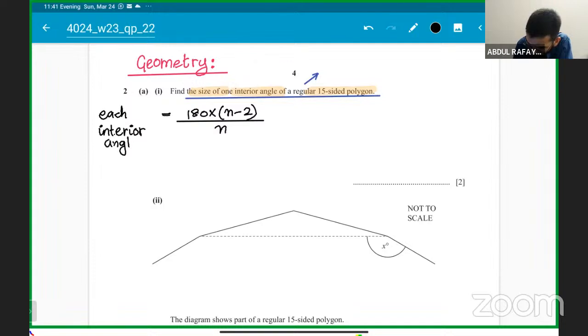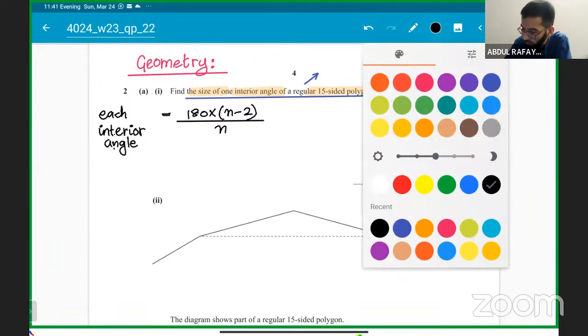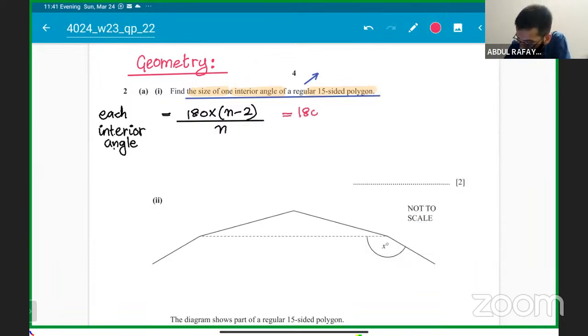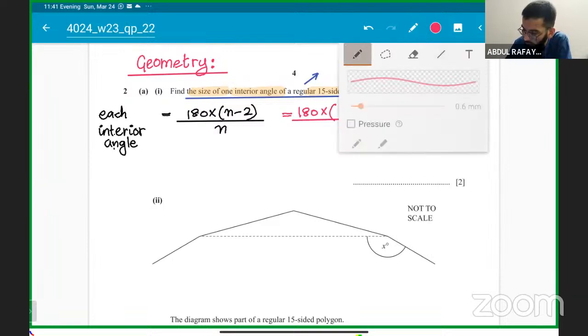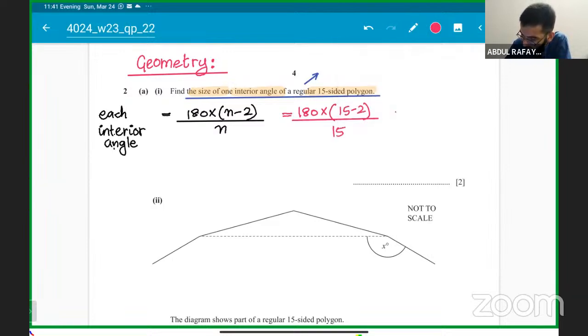So that is what the case is all about. So it will be 180 times (15 minus 2) divided by 15. What will be the answer? 180 times 13 divided by 15. So I'm getting 156. Anyone can confirm? It should be the correct answer here.